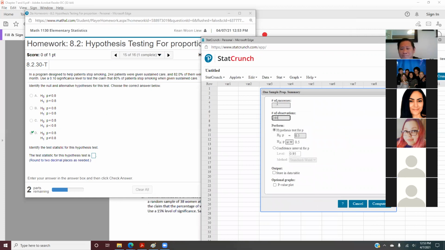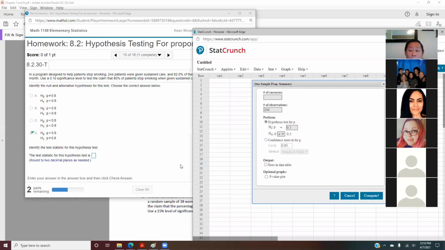We have that. But the number of successes is the one you need to figure out using your calculator. So how many people were given sustained care and stopped smoking? 82% of them, right? So how do you figure out this number?